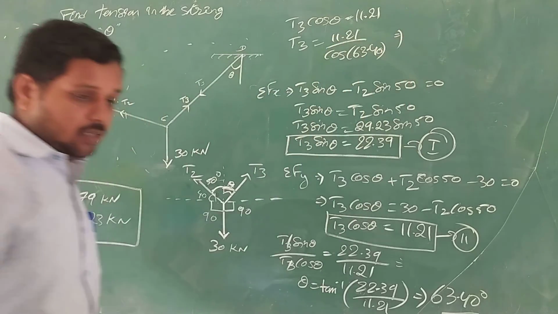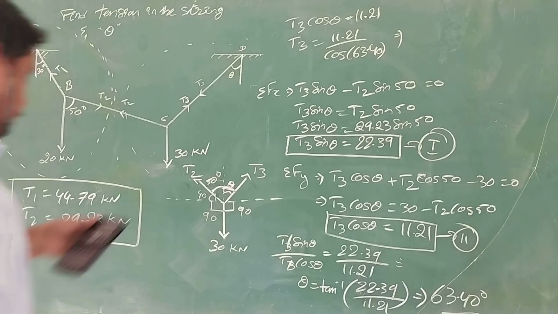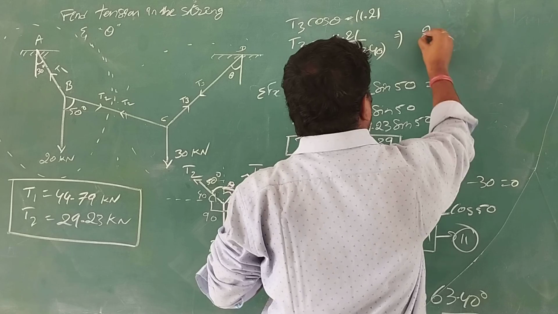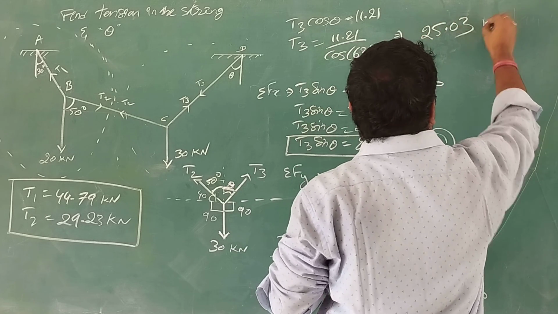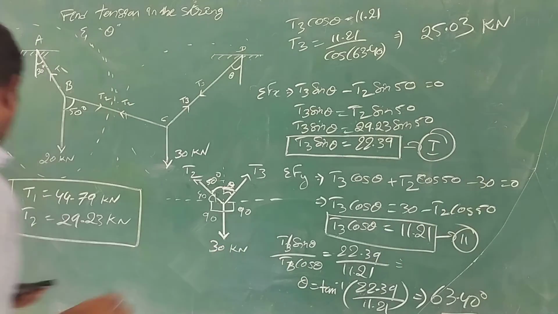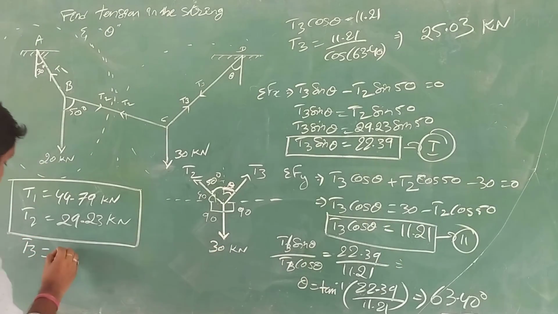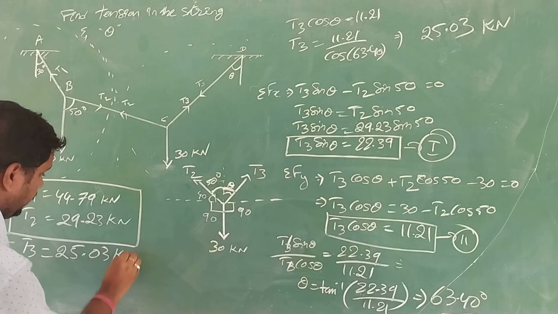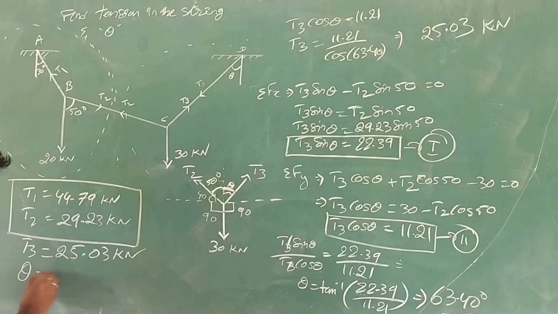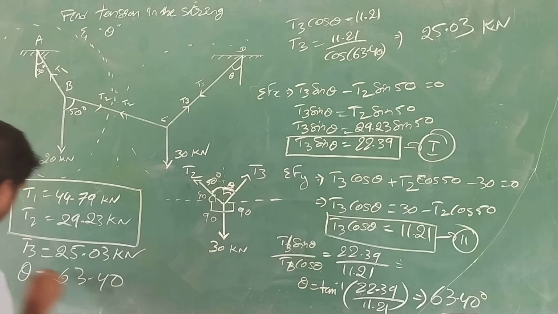So tell me the answer, how much you got? 25.03 kilonewton. So my T3 is 25.03 kilonewton and my angle theta is 63.40.